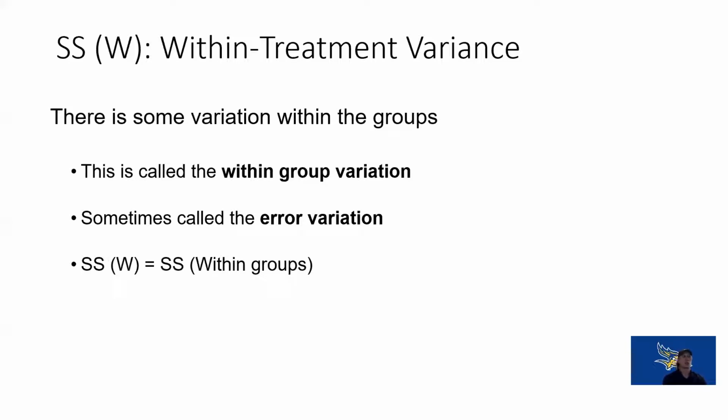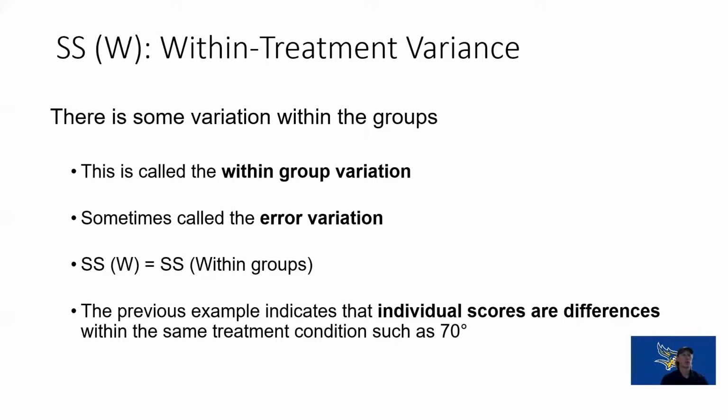Okay, this could be sometimes our error variation or sum of squares within, or variations within that group. So there's going to be variation between groups, and there's going to be variation within groups. The variation within groups comes from possibly error. Variation between is coming from, in our eyes, the treatment or what our independent variable is doing.